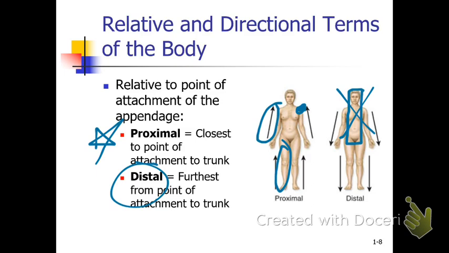The elbow, being closer to the point where the arm attaches, would be more proximal and the wrist would be more distal. Let's think about the knee and the ankle for a second. The ankle would be more distal and the knee would be more proximal.